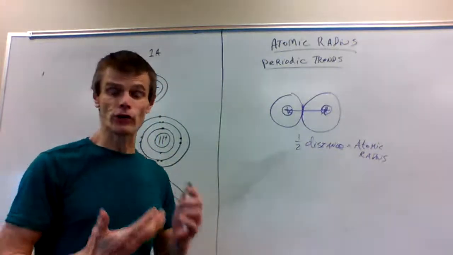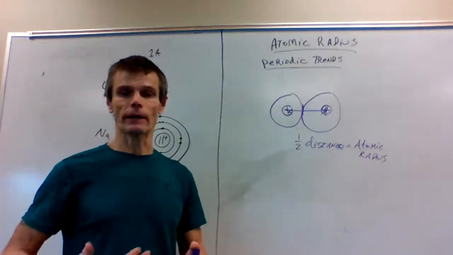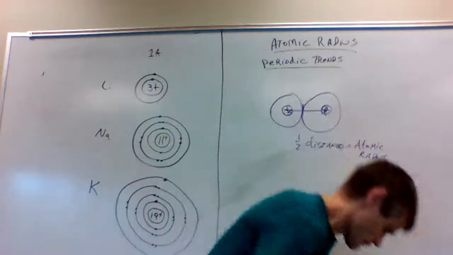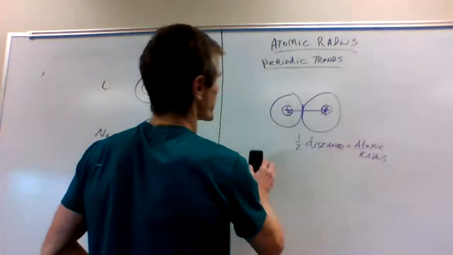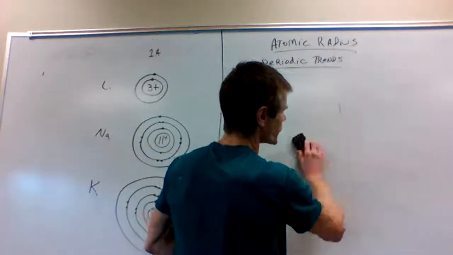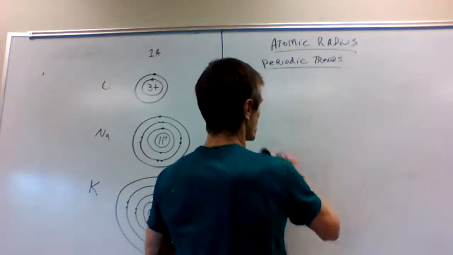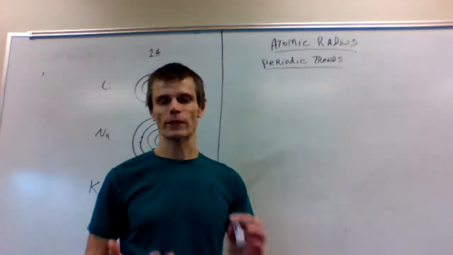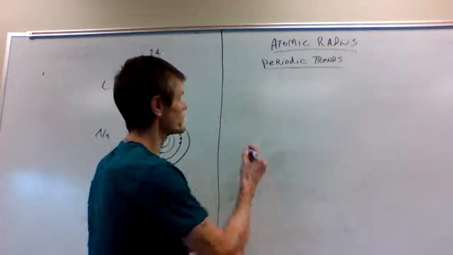Now, the periodic trends that we see in atomic radius depend upon two factors. So let's think about our periodic trends and what two factors influence the periodic trends that we see in atomic radius.